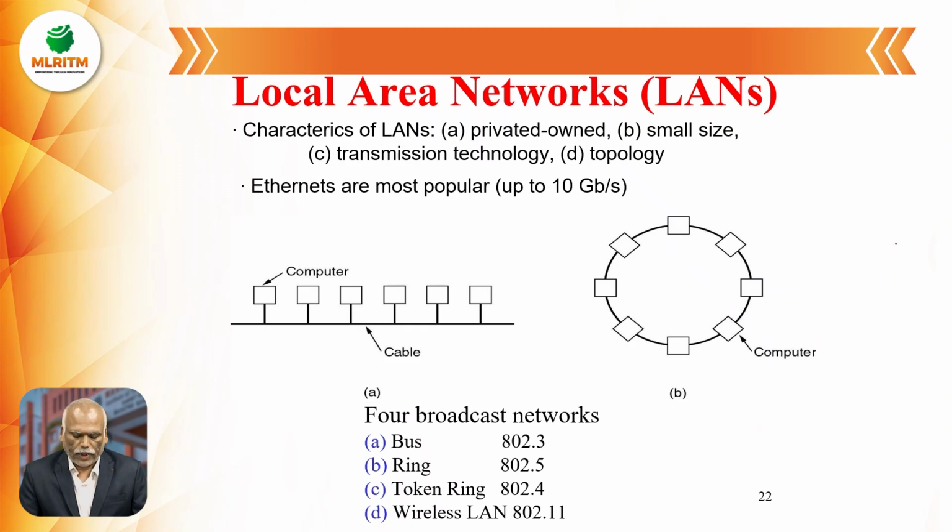Next is local area networks. The characteristics here are private ownership, small size, and transmission technology and topology. Ethernets are more popular, and the speed of data transmission is up to 10 gigabits per second. As part of the network implementation, you can use topologies like bus and ring topology.